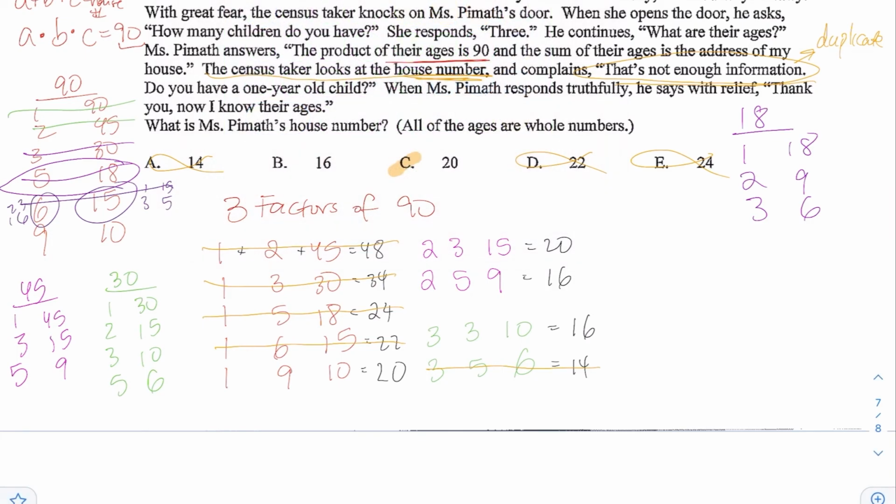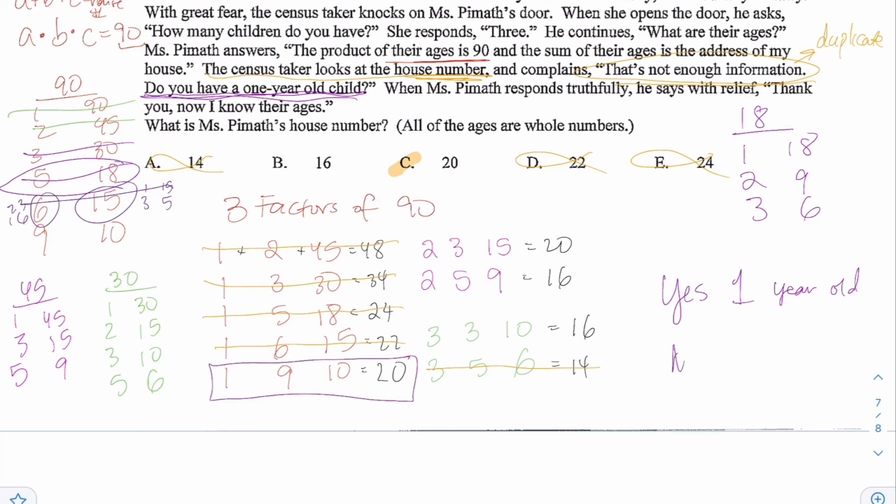Now, to solve for this, the difference between these two is, do you have a 1-year-old child? So when you answer that question, he says, thank you, now I know their ages. So here, if you say yes, you do have a 1-year-old, you know it has to be this.